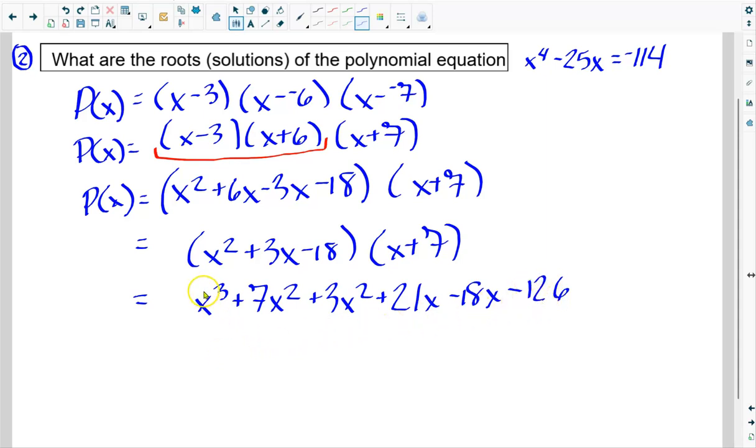Okay, so there. At this point, you guys should feel really good because you've distributed. Now you just got to simplify. Okay, this should be a happy moment for you guys.